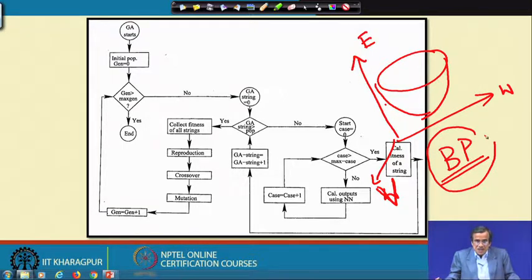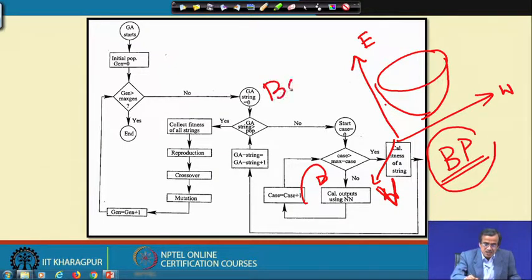The reason is that during the training of this network, we have used a particular training algorithm that is called the batch mode of training.